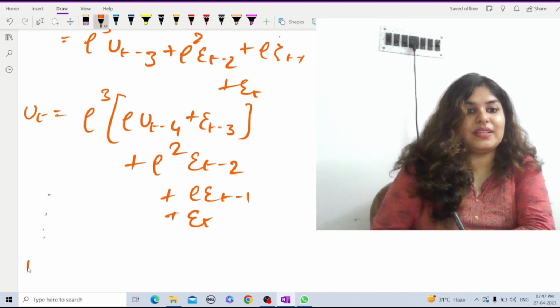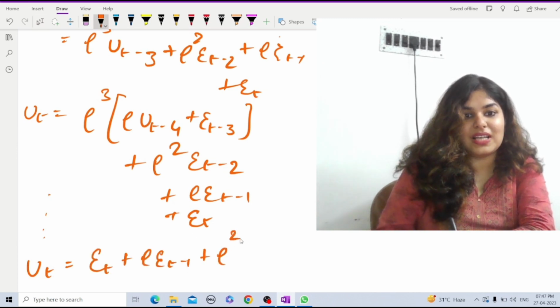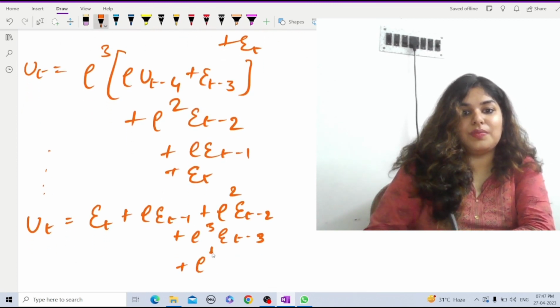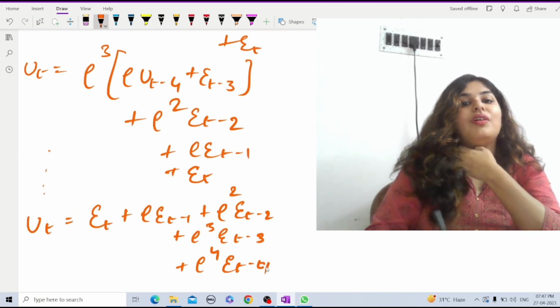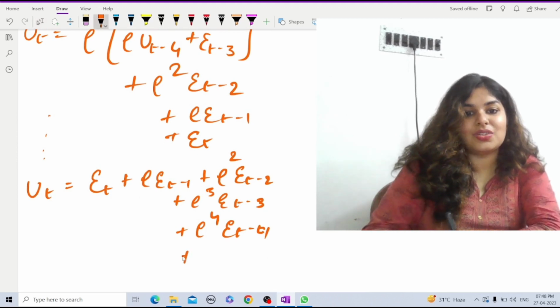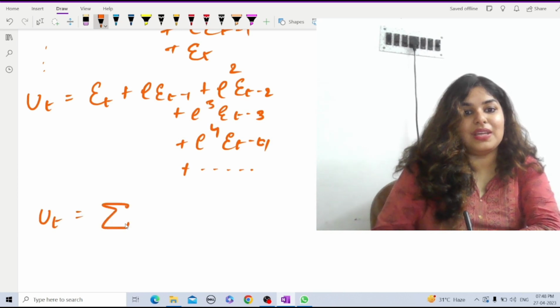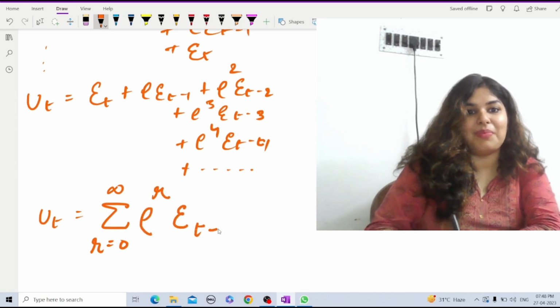So ultimately what we will get is ut equals, if I simplify this, epsilon t plus rho epsilon t minus 1 plus rho square epsilon t minus 2 plus rho cube epsilon t minus 3 plus rho to the power 4 epsilon t minus 4, and so on. So in general, we can write ut equals the summation from r equals 0 to infinity of rho to the power r epsilon t minus r.